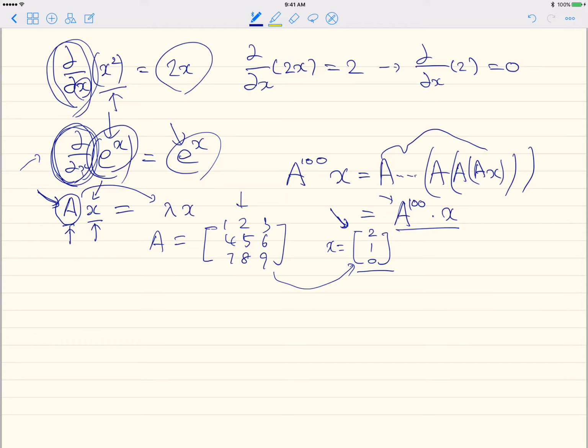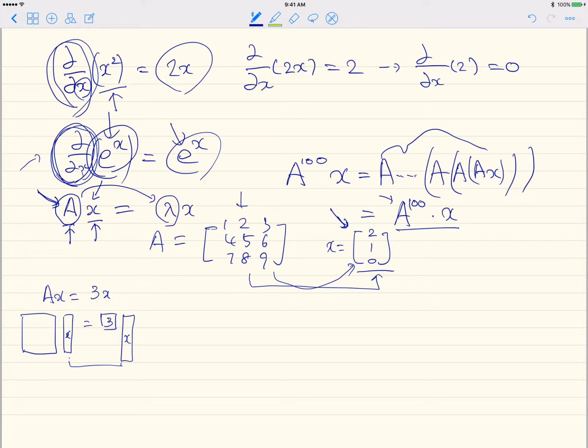It's determined in a particular way by your matrix A. Okay, and so this lambda is just a constant. So this is a matrix, and x is a vector, and lambda is just a constant, and then this is the same vector x. Okay, and then let's say lambda is 3, and it's 3x.